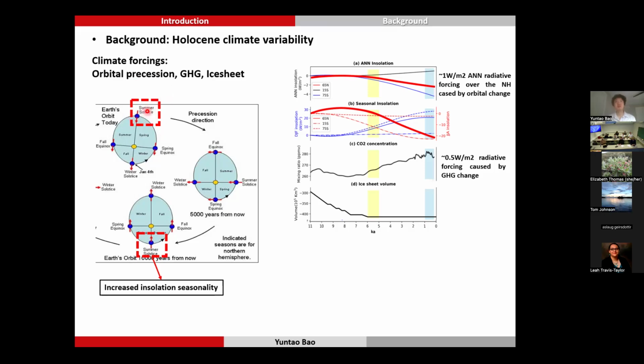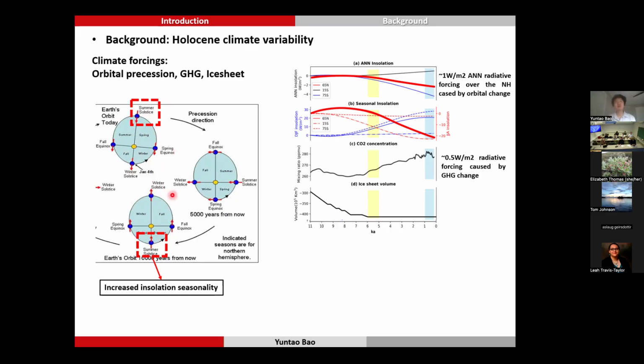For example, today, in summer, the Earth is far from the sun, and in winter, we are closest to the sun. So we have a seasonal cycle, right? But during the early Holocene, about 10,000 years ago, in the winter we are very far from the sun, but during the summer, we are very close to the sun.